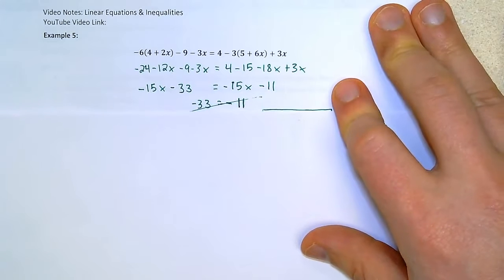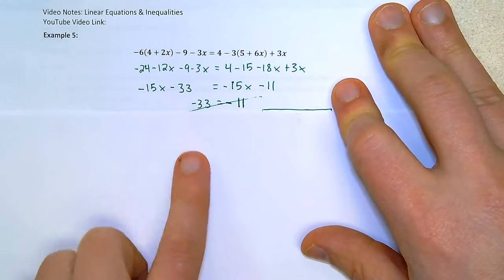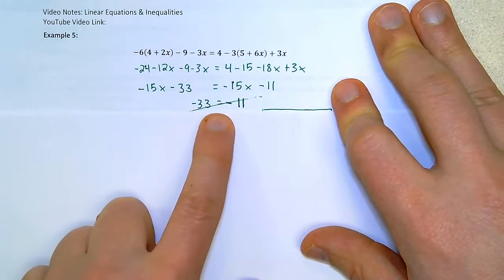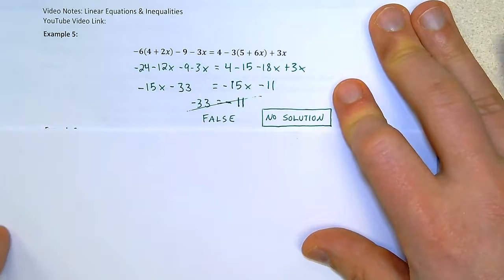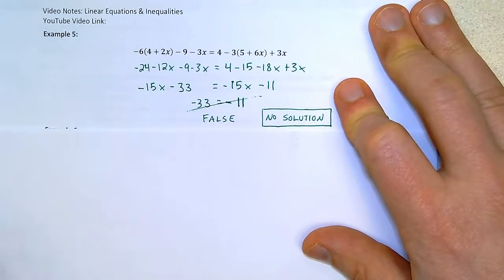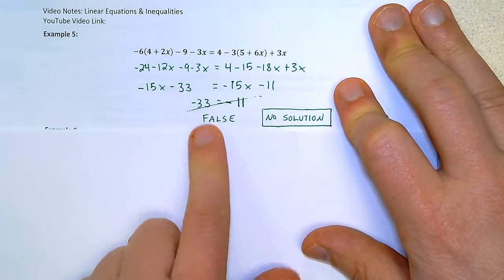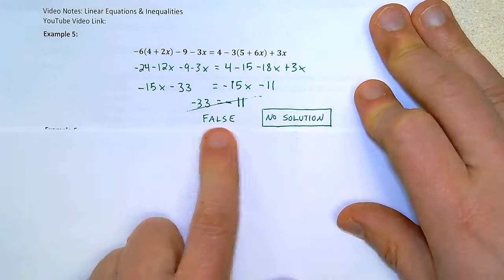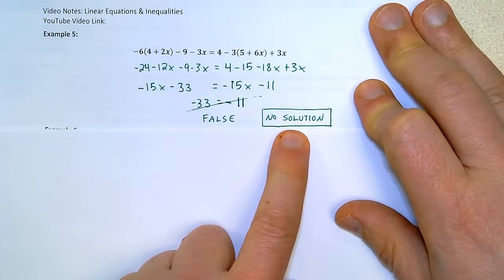And we notice that the adding of 15x to both sides creates the sentence -33 equals -11. And that's a false sentence. Anytime I encounter a false sentence, I draw a line through it so that I'm not writing anything that's true. It's my way of signaling, hey, that's odd, that's a false sentence. False sentences generate the answer, no solution.